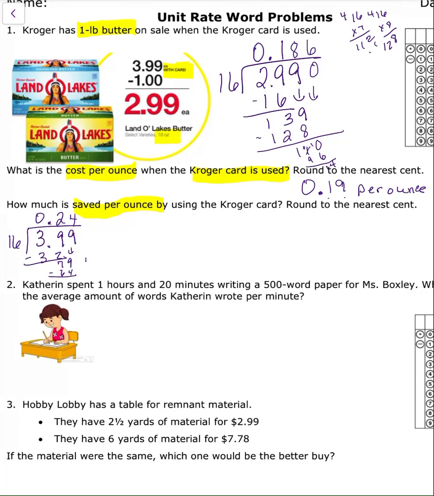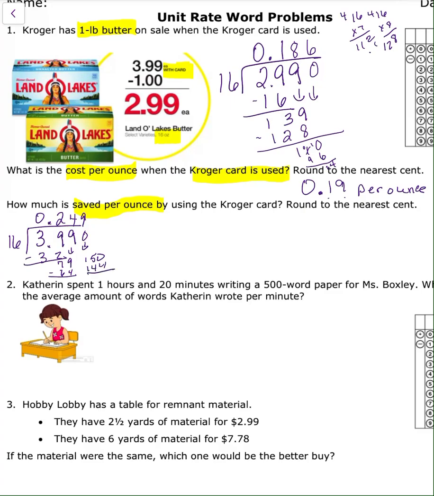I'm going to kind of bring it over here because I'm running out of room. Bring down my 0 because I'm going to have to round. So that is going to give me, it's probably going to be more than 8, or it's going to be 8 from that other one that we did over there. No, it's going to be 9. And 16 times 9 is 144.